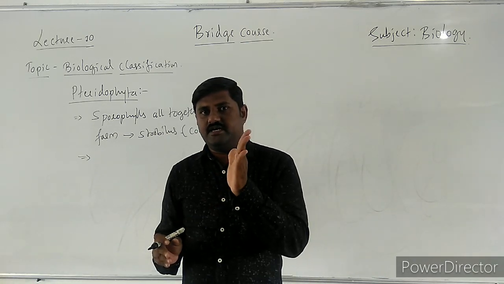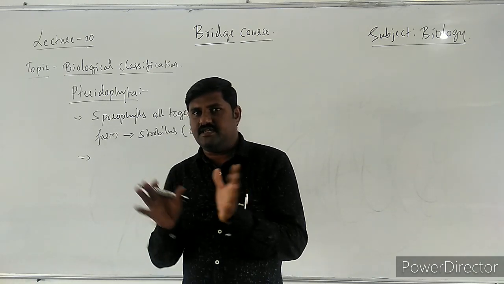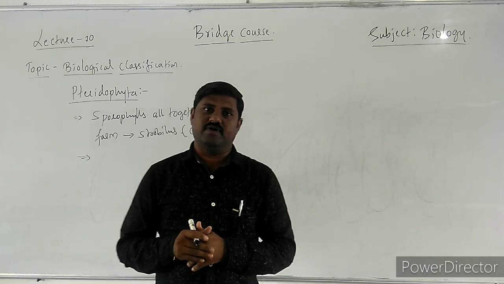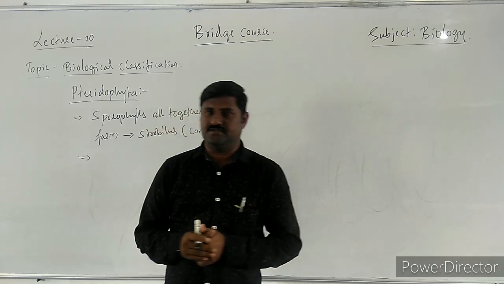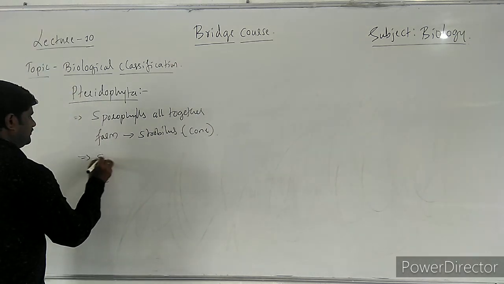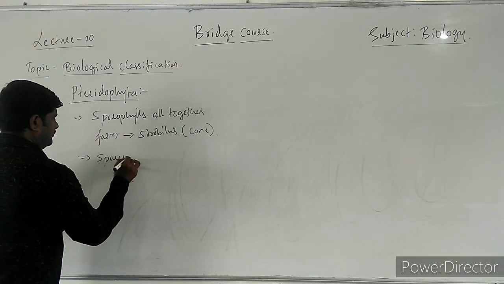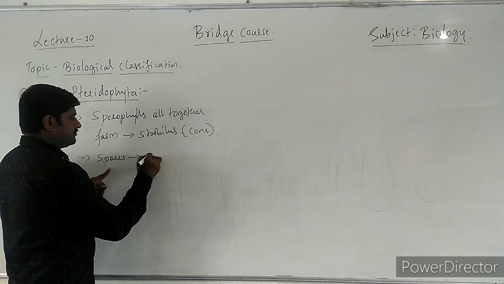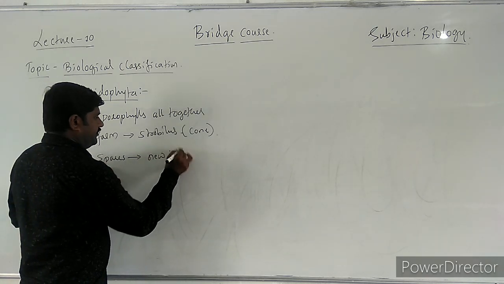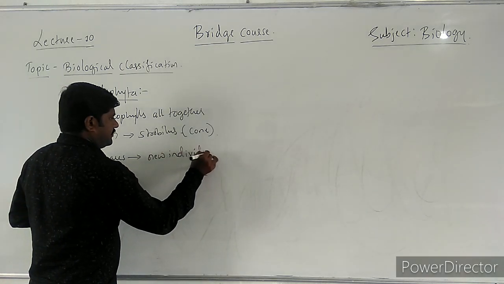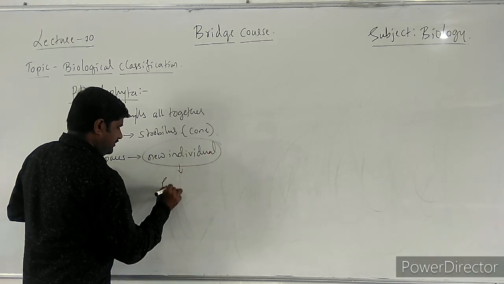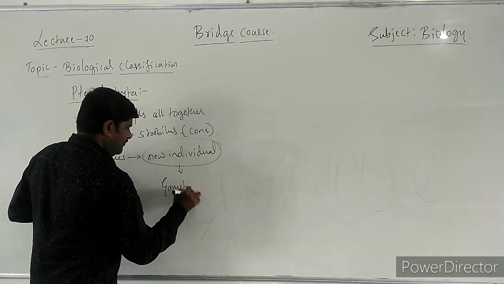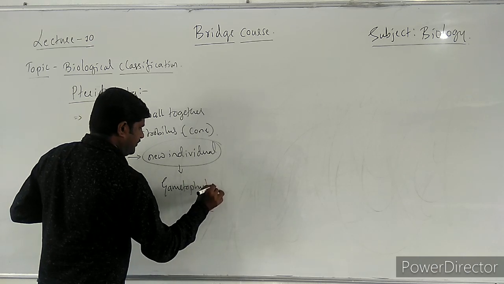So alternation of generation is seen in this group of plants also: one is sporophytic generation, the second one is gametophytic generation. Here spores grow into a new individual, which will be the gametophytic plant.